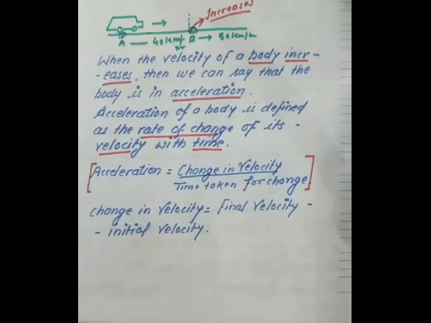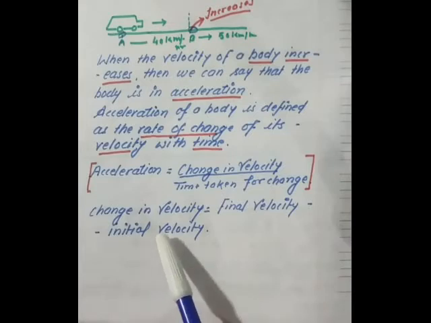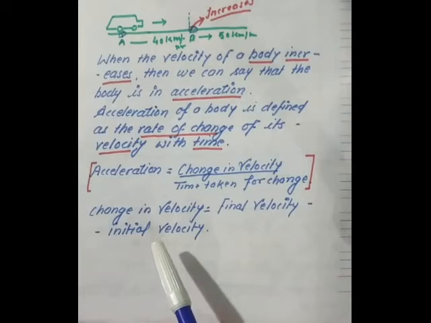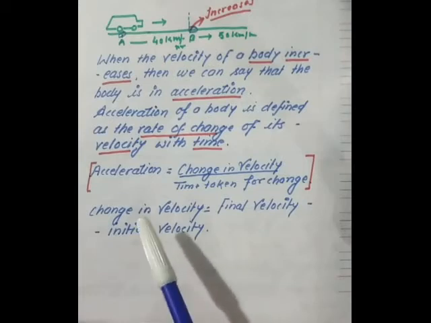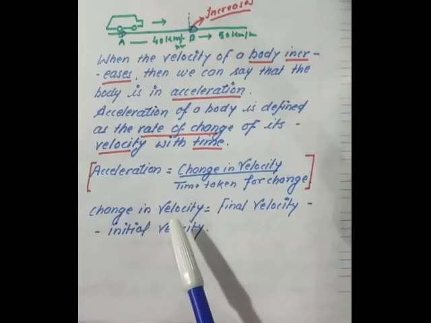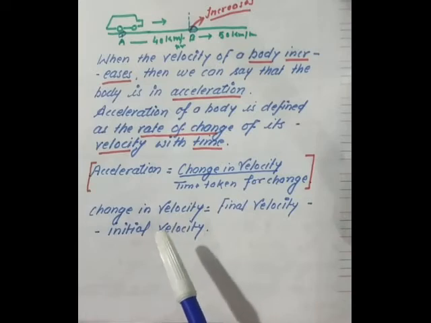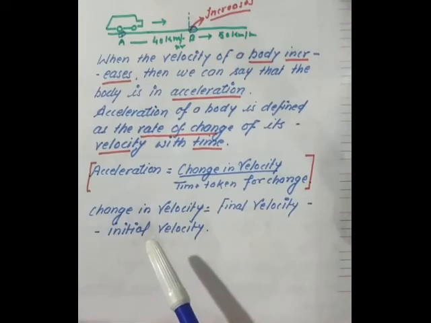When we take the above example, the final velocity is 50 km per hour and the initial velocity is 40 km per hour. So change in velocity equals 10 km per hour.